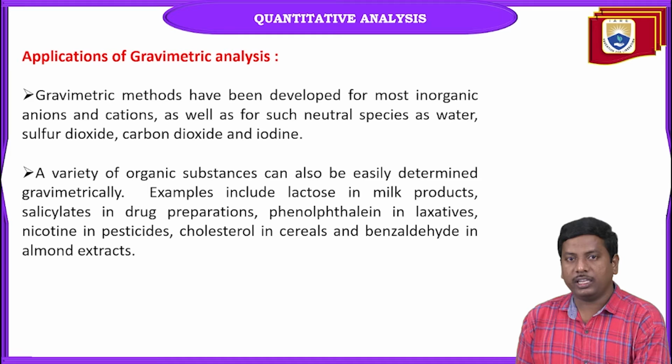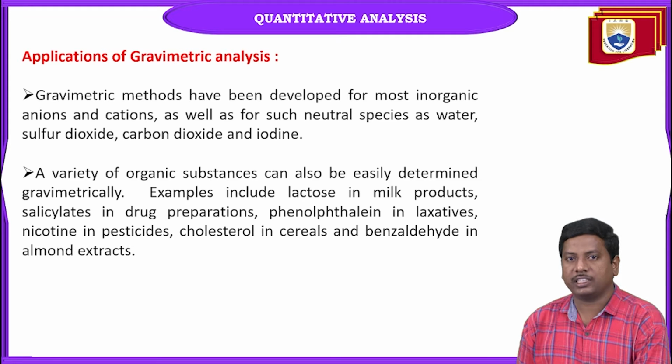So now we see what the applications of gravimetric analysis are. There are several applications. Especially, gravimetric analysis is applicable for the determination of both cations and anions. First of all, gravimetric methods have been developed for most of the inorganic anions and cations.